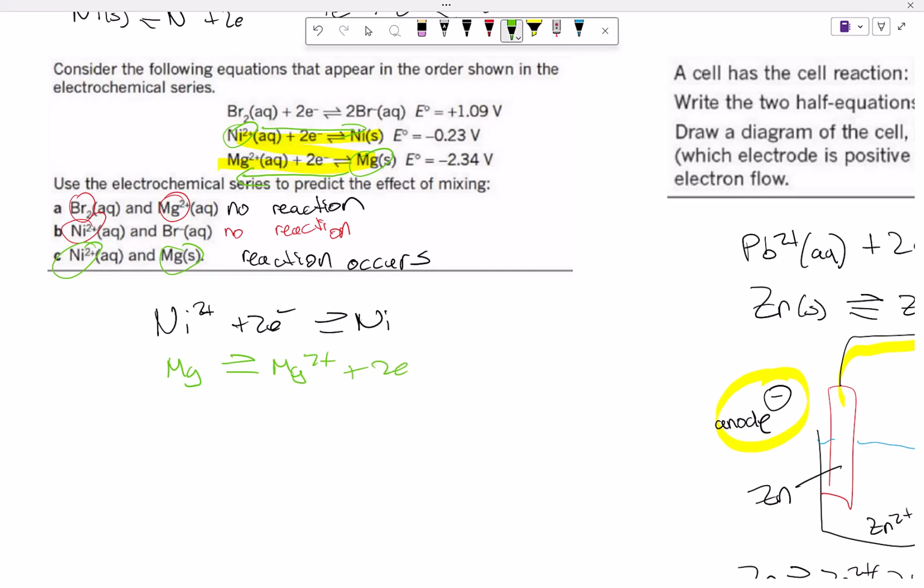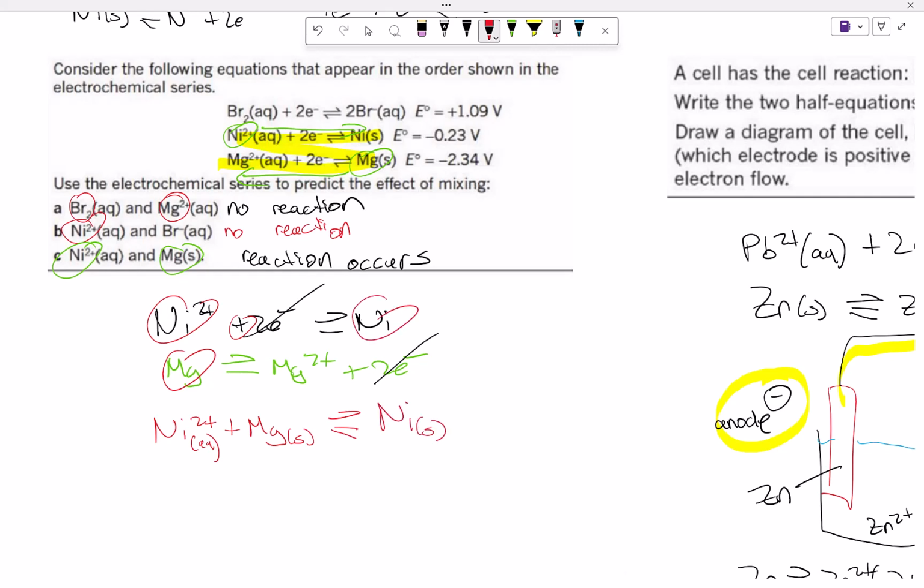Okay, and what you'll see is you'll get cancelling of the electrons, and I'm going to go nickel 2+ aqueous plus Mg solid gives me nickel solid plus Mg2+. And so that's what you can do. You can do other things with that and work out what your electric potential is, but we're not going to worry about that right at the moment.